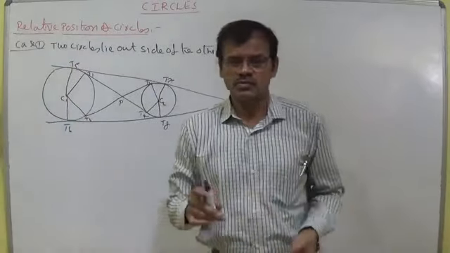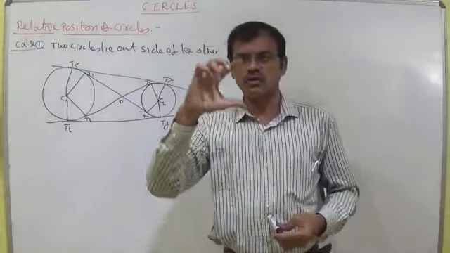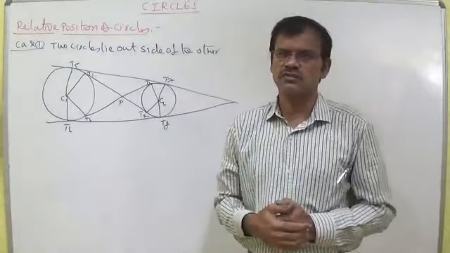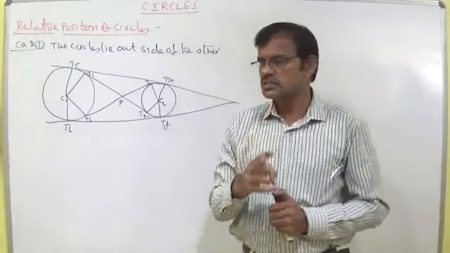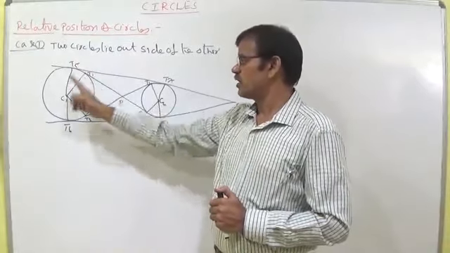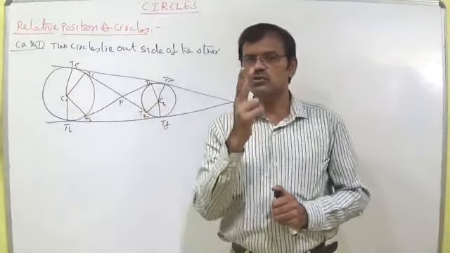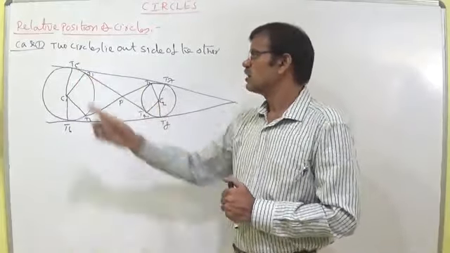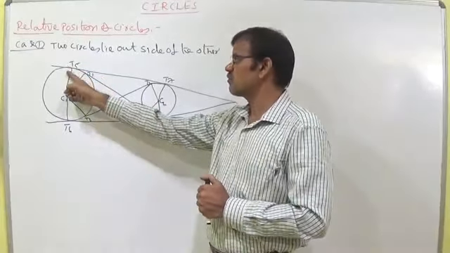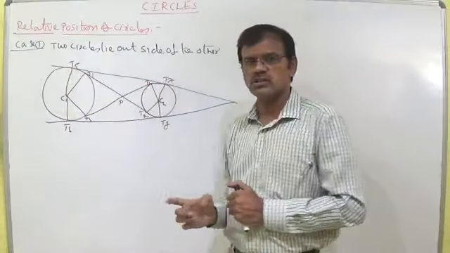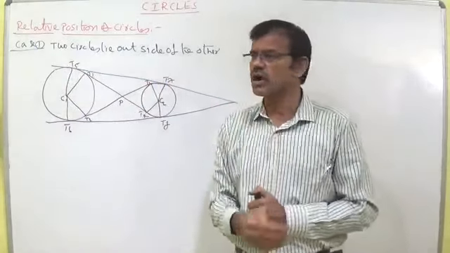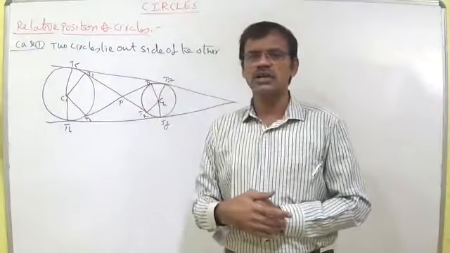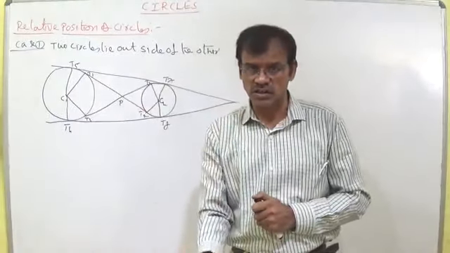Now what did you observe? Total two tangents entirely outside of two circles, two up and two down. To the upside, points of contact here 1, 2, 3, 4. Total 4 points of contact for the two circles wherever the tangents are drawn externally.